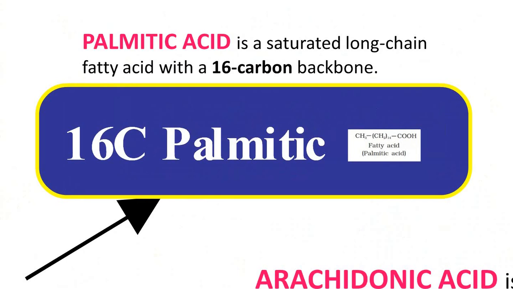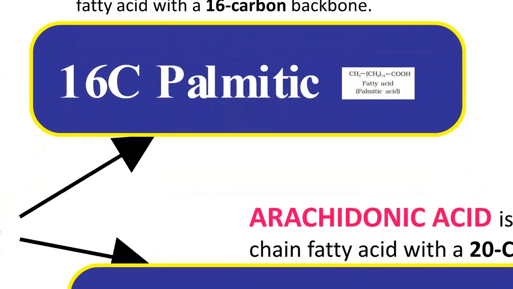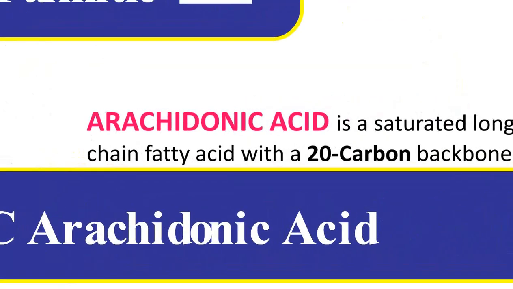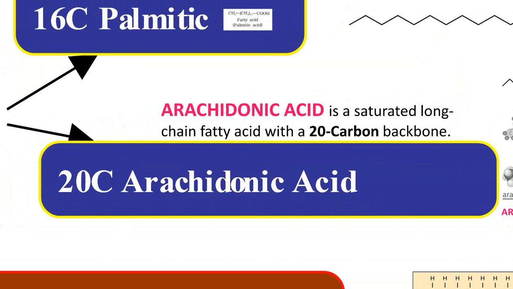So palmitic acid is a saturated long chain fatty acid with 16 carbons, including the carbon present in the carboxylic acid. And if the fatty acid contains 20 carbons, then we call it arachidic acid. So arachidic acid is a saturated long chain fatty acid with 20 carbons.